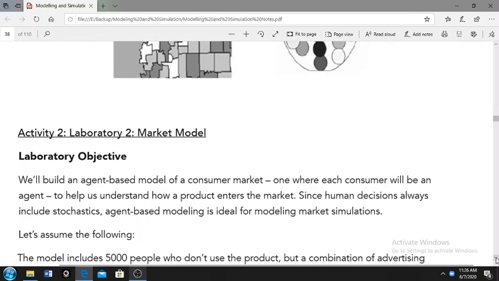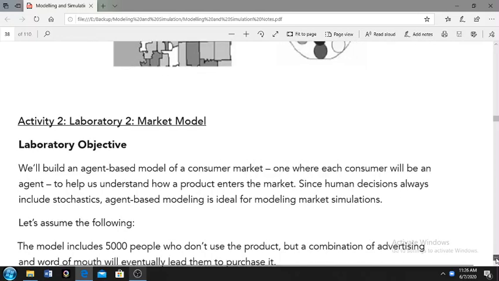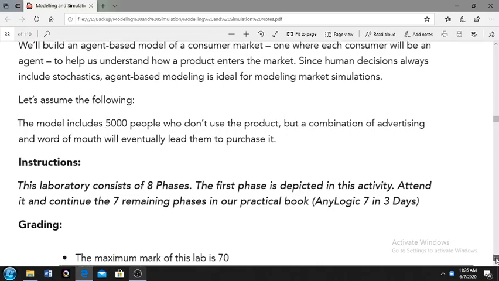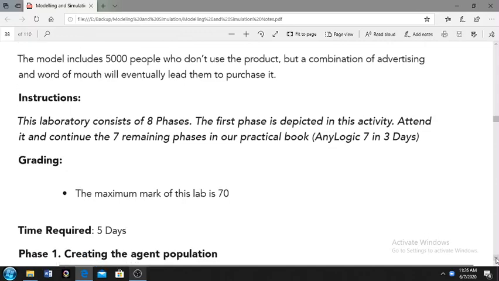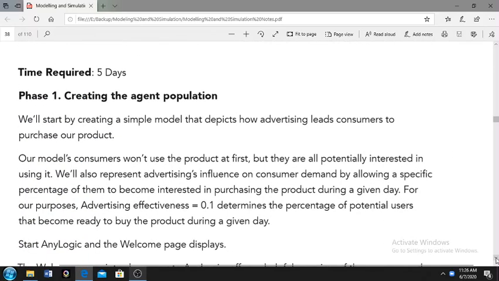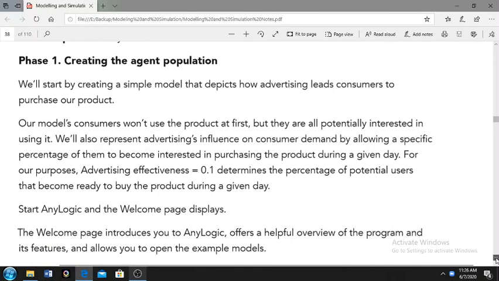And then we have lab 2, which is the market model. Now in this book, it has different phases. It has 8 phases, but in this book we have only included phase 1, which is creating the agent population.